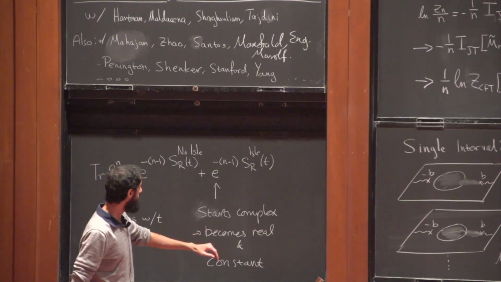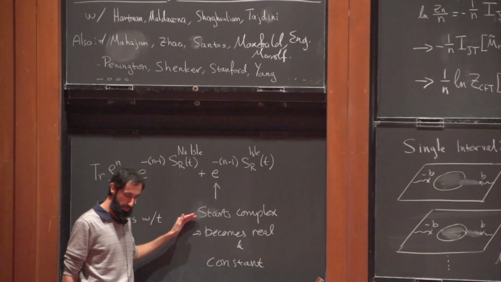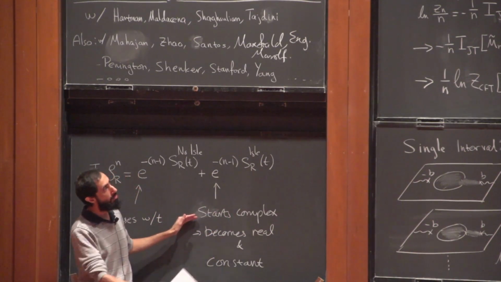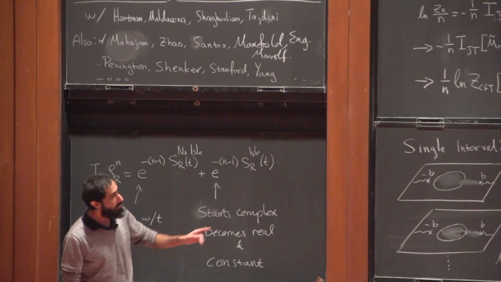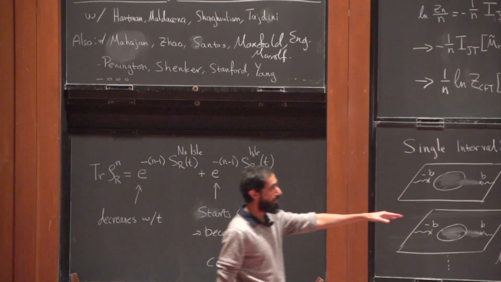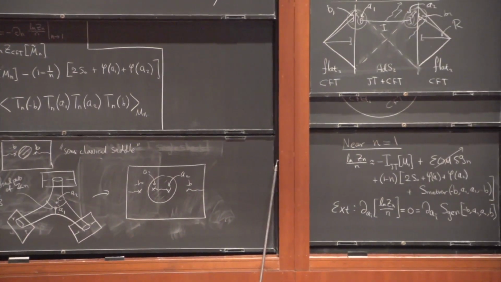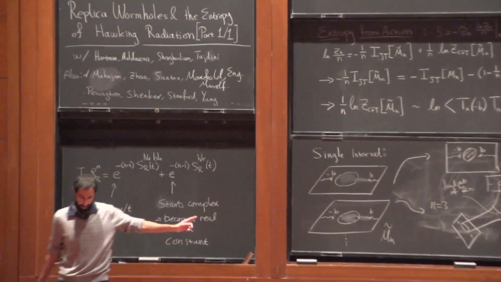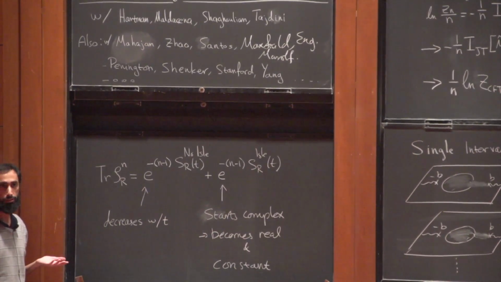The island contribution, if you recall, actually I forgot to mention it, or maybe I mentioned it, I forget, that at t equals 0 there is no island contribution. This calculation that we're doing is a t equals 0 calculation, right? So over here, the solution of the extremization equations at t equals 0 doesn't give you a real solution.